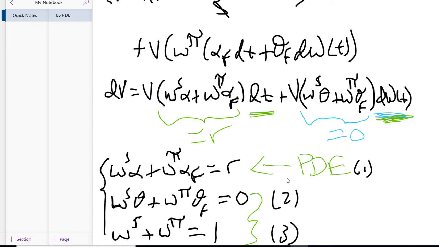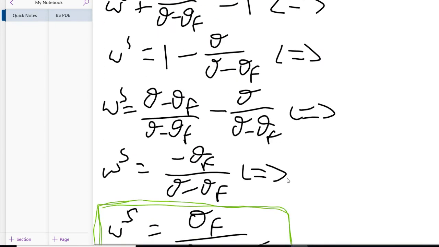But at this point, there was an implicit P right here, denoting that we were under the objective probability measure, or the real-world probability P.